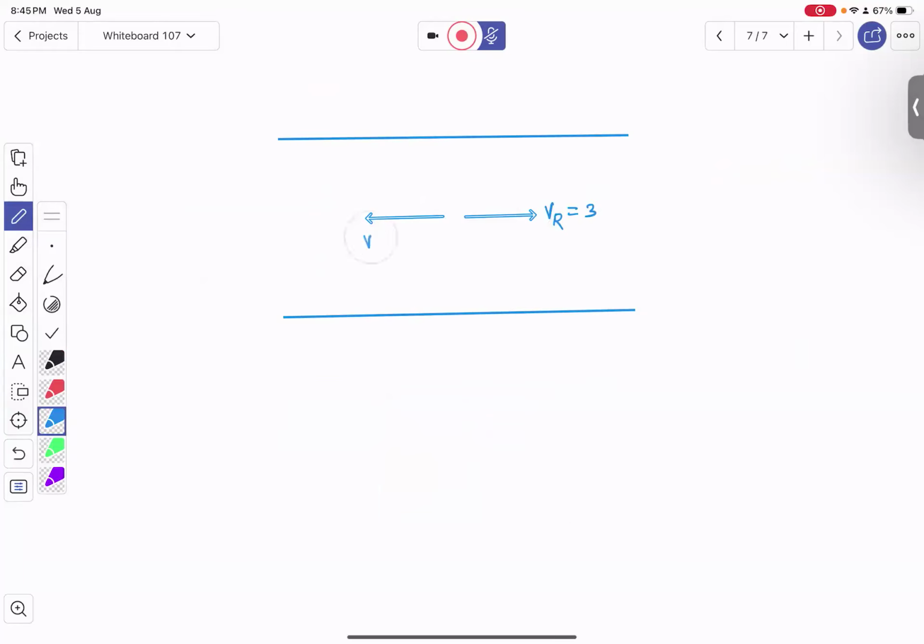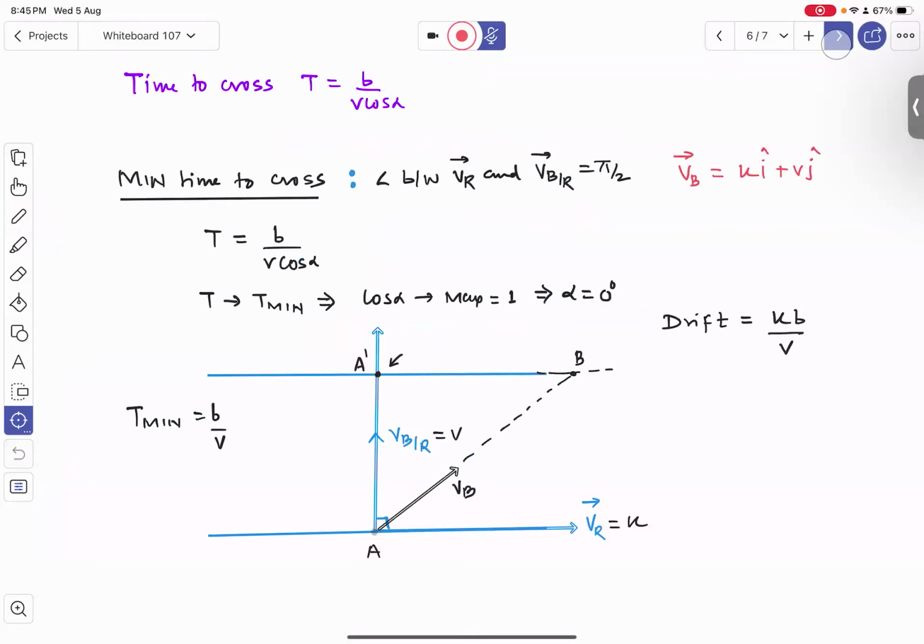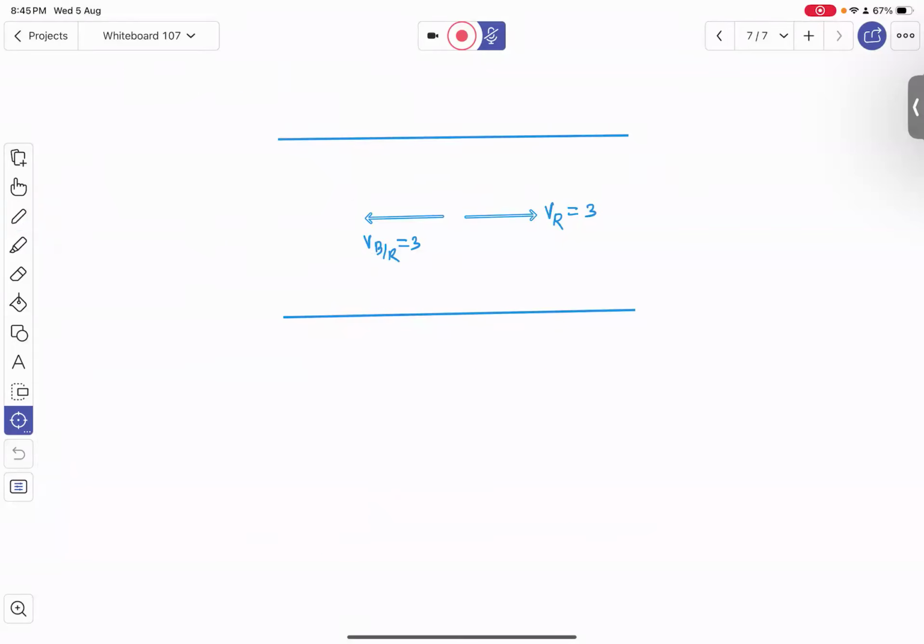So with what VBR must you travel in the opposite direction? It must be 3 only, correct? So what this vector is really doing now is acting opposite to the VR vector, no?